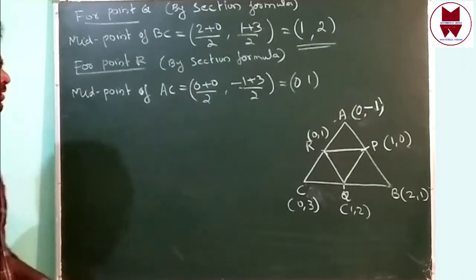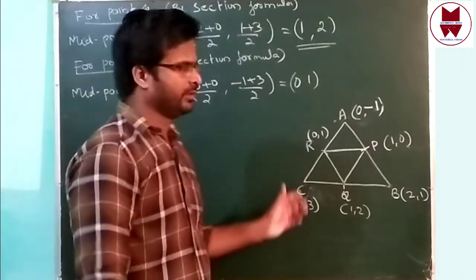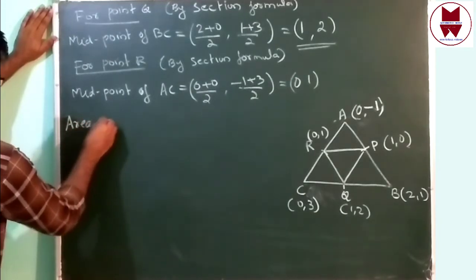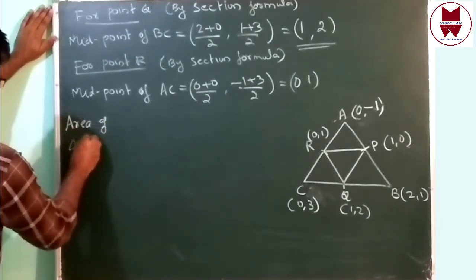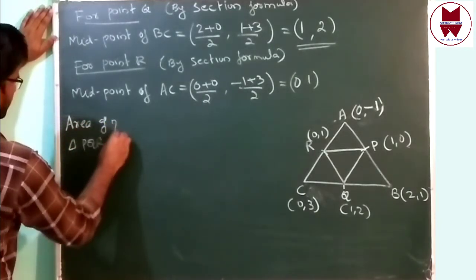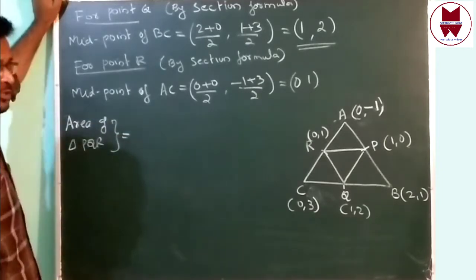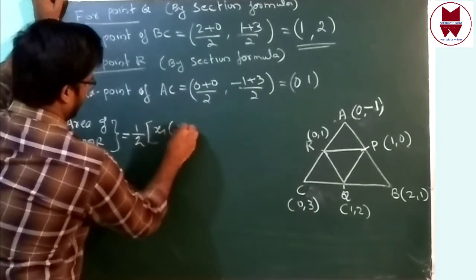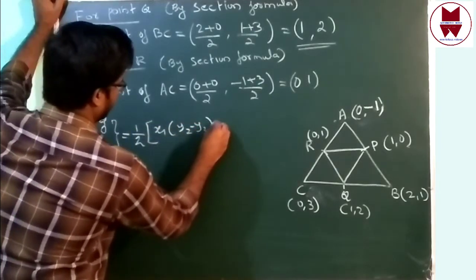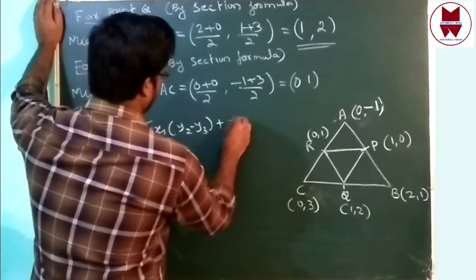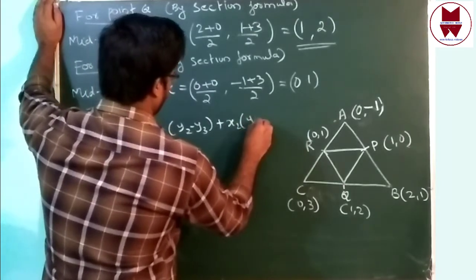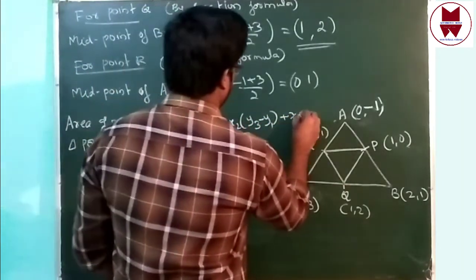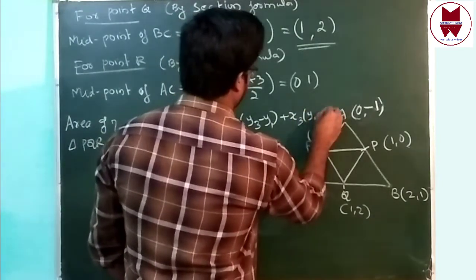Now we got all the midpoints. Then the area of triangle PQR equals, using the same formula, 1 by 2 times x1 (y2 minus y3) plus x2 (y3 minus y1) plus x3 (y1 minus y2).